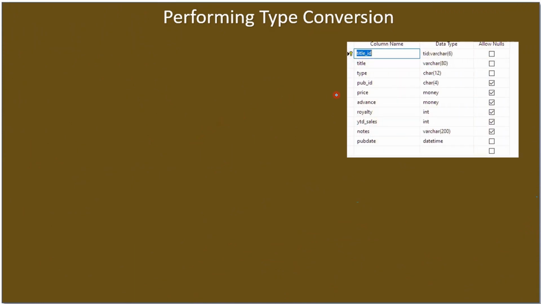So before doing the type conversion, here is the schema for the titles table from the pubs database.